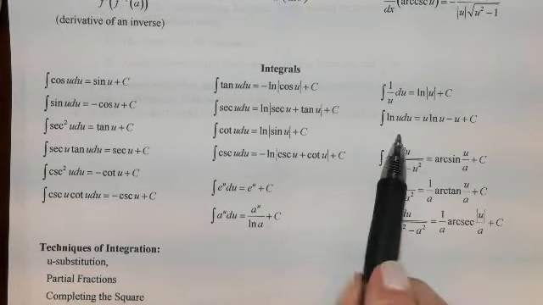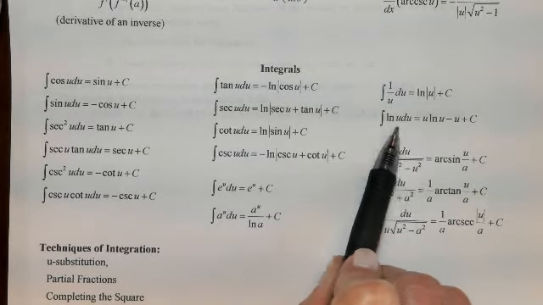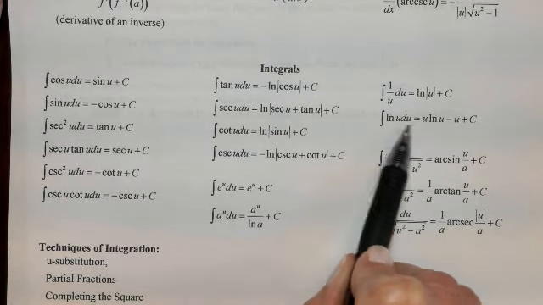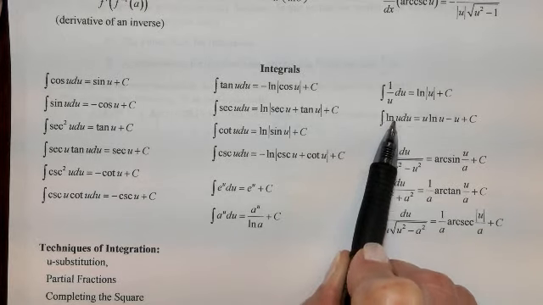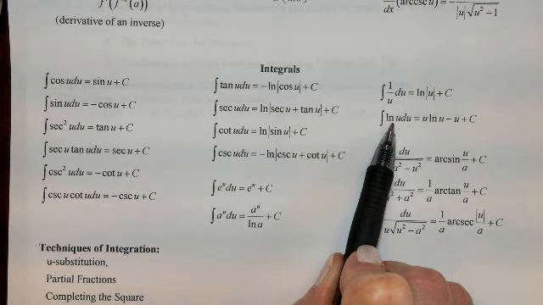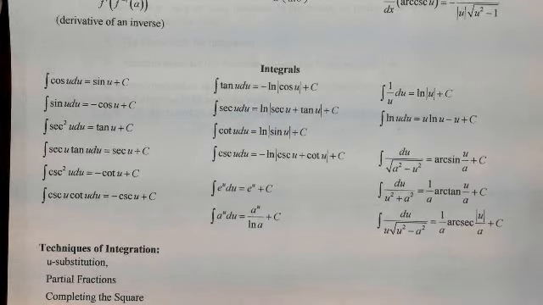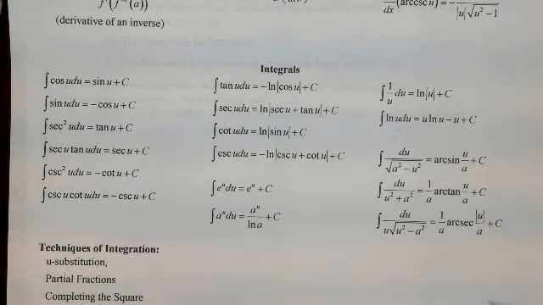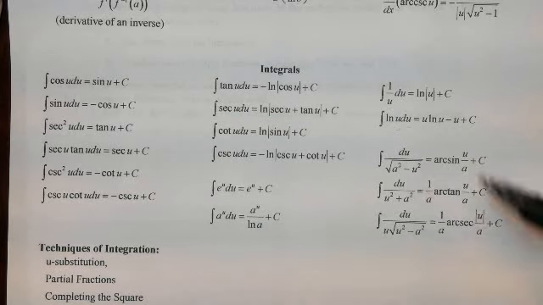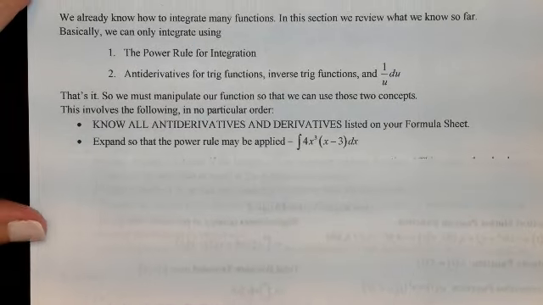Okay, this one here you don't know yet. We need by parts integration for that. So that's our last one that we'll be looking at tomorrow when we do by parts. Okay? Everything else though you really should know. You should be able to recognize these as their antiderivatives. Okay, so pretty much know those.